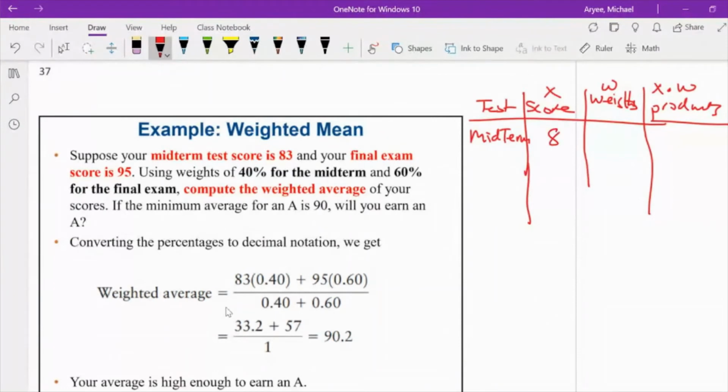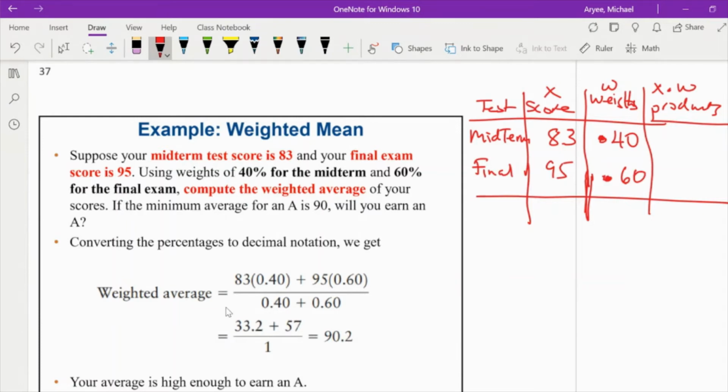The students scored 83. Then there was a final. The students scored 95. The teacher said the midterm is worth 40%, so you write 0.40, and the final is worth 60%, so you write 0.60. Then we need the product of the score and the weight, X times W.